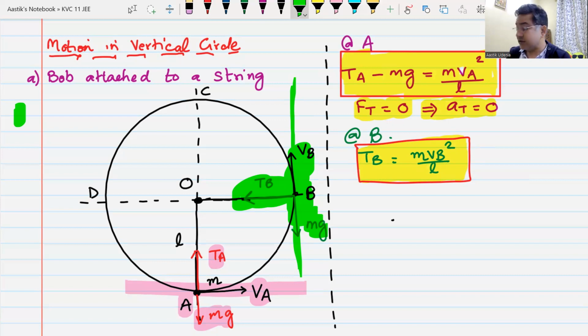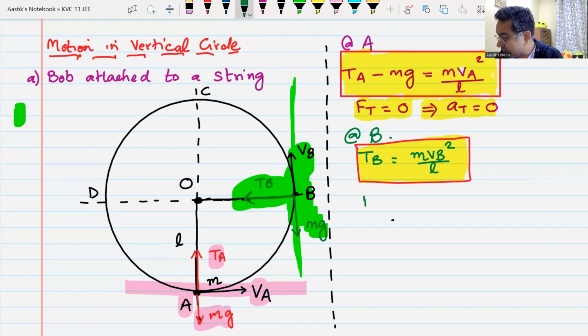The weight mg is acting on this green line in the downward direction. Velocity is in the upward direction, and the weight mg is acting in the downward direction.